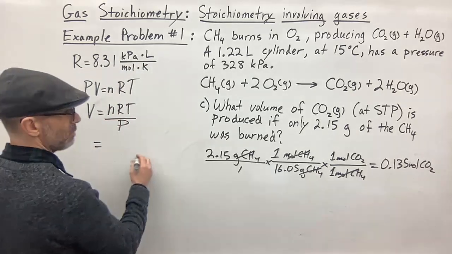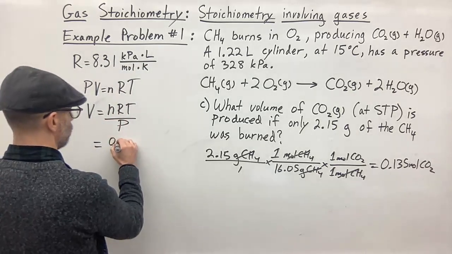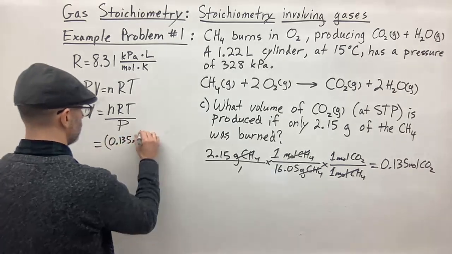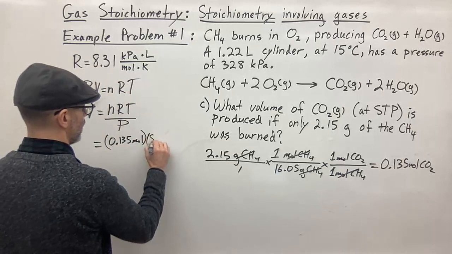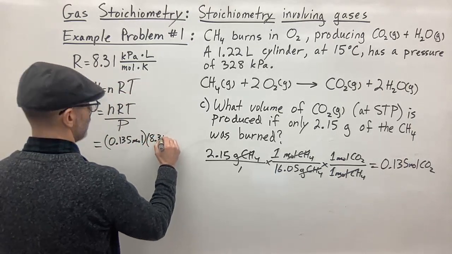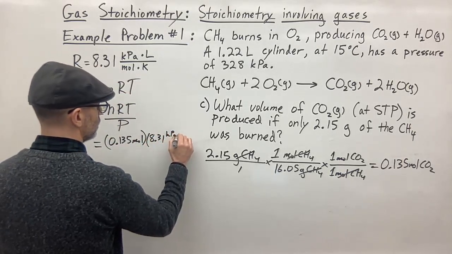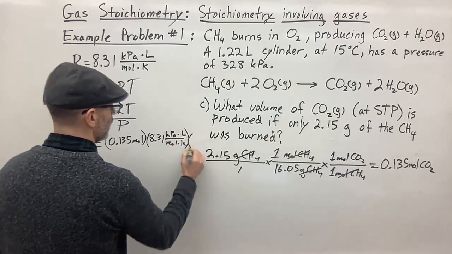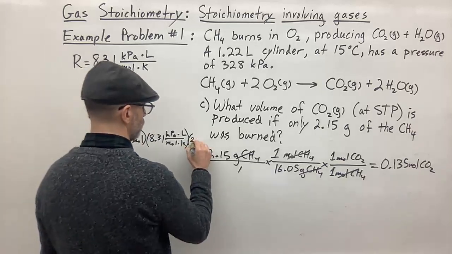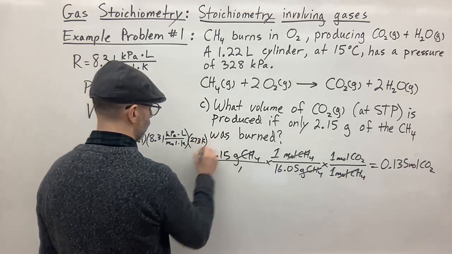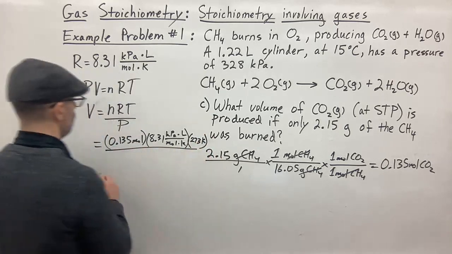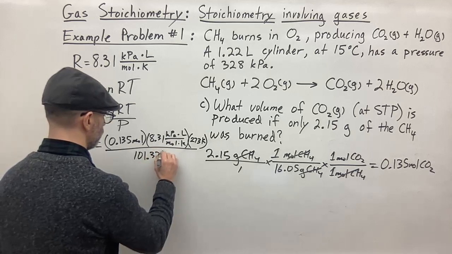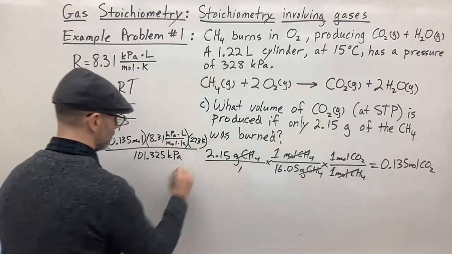Okay, so my moles, I have 0.135 moles. R is going to be 8.31, and that's kilopascal liter over mole Kelvin. And then the temperature is going to be 273 Kelvin all over the standard pressure, which is 101.325 kilopascals.